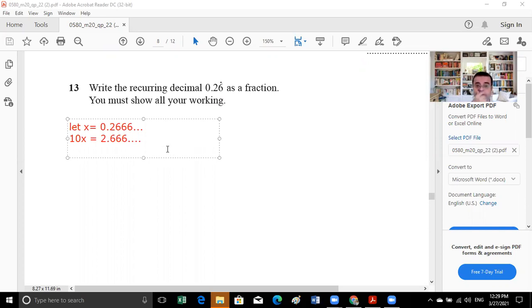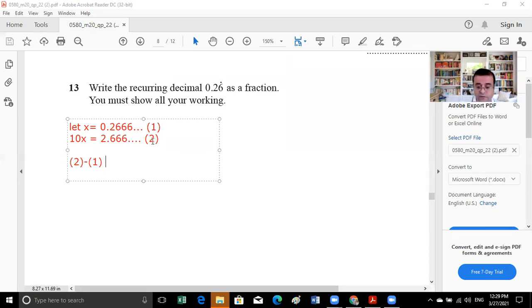Now this one, let me call it equation number 1, and this one, equation number 2. So 2 minus 1.